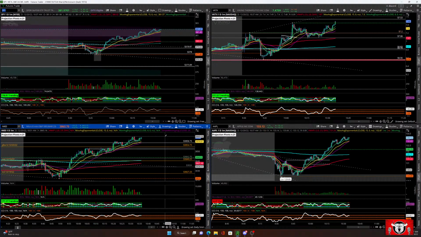I was suspecting this overnight. 382 has been that key pivot, and we're at it again. The parabolic channel has been tested twice now. If it rejects here, it's going to reject hard. If it blows through, we'll get a measured move out of this all the way up to 384.85.